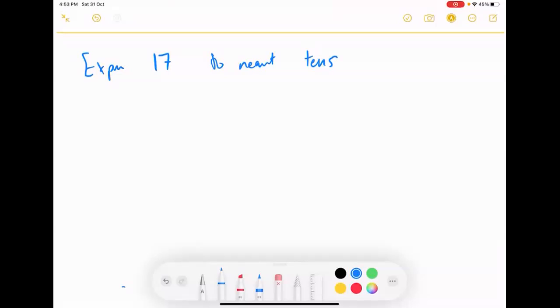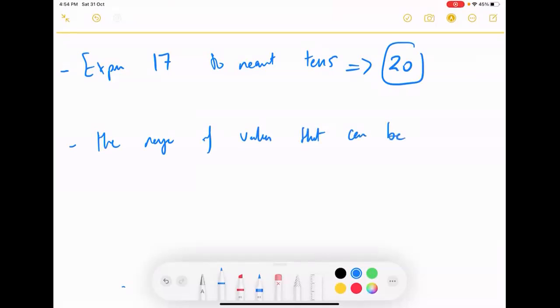So 17 to the nearest 10 will be 20. So we want to get the range. Okay, 20. Very good. So the range of values that can be rounded to 20 to the nearest tens.